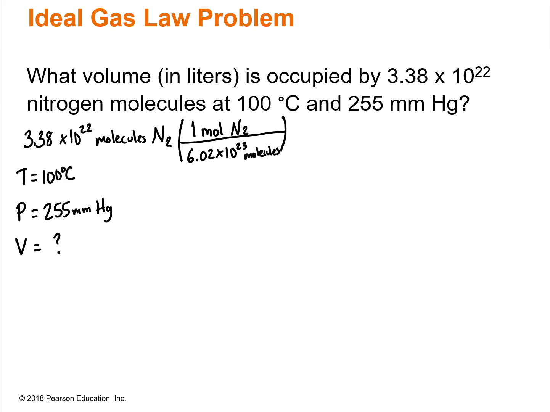If we use Avogadro's number in a unit factor, then we can figure out how many moles we have. That's our N. And since we have moles, along with temperature and pressure, again, it's the ideal gas law.